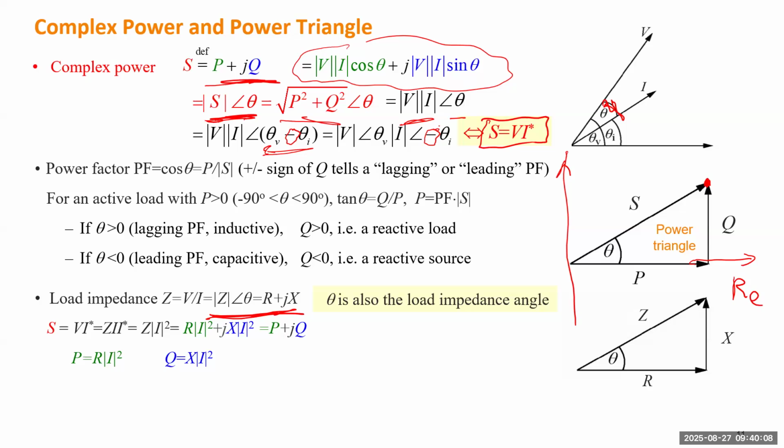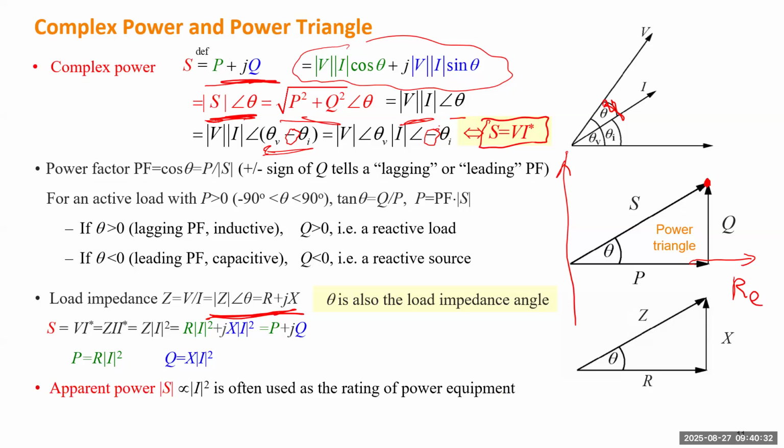The first item will be P, the second item will be Q. So if you know the current, its squared magnitude multiplied by R or X will give you P and Q. So those are the formulas you can utilize. We know P will be this one and Q will be that one. Those formulas could be useful in your homework.